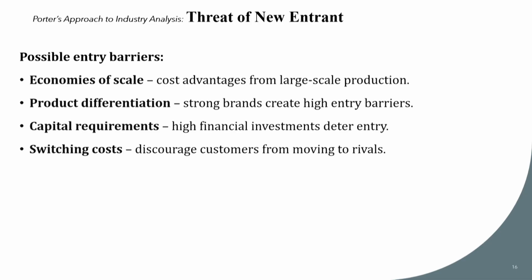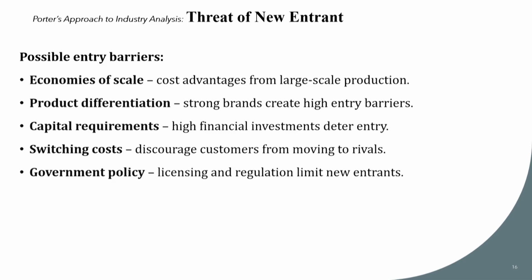So if you introduce a new MS Office kind of product in the market, people won't switch immediately from what they have been using. Windows and MS Office make switching difficult, and there is a high switching cost involved. And in addition, government policy also matters, because it influences entry through licensing and regulations.